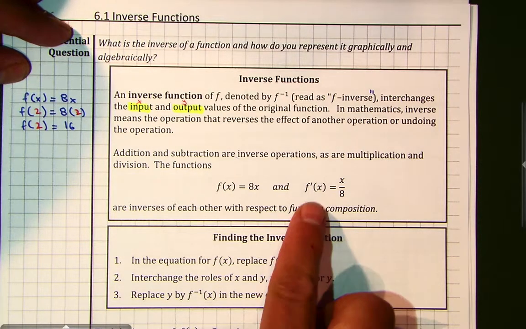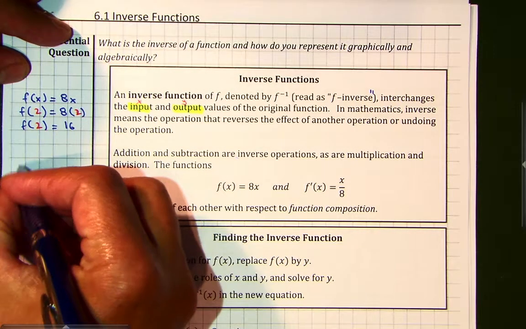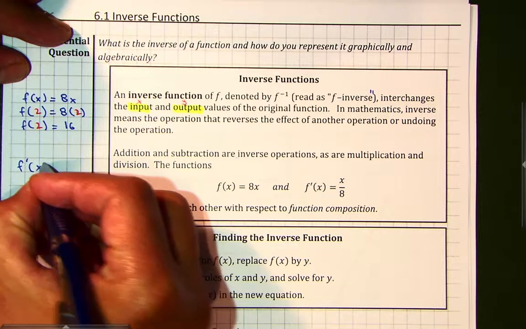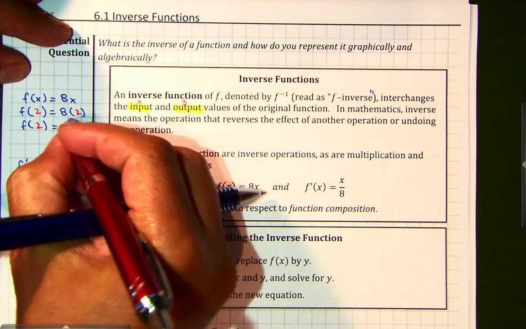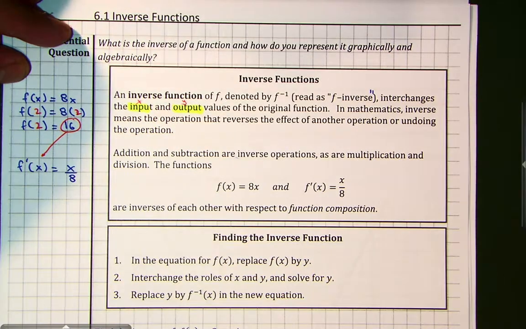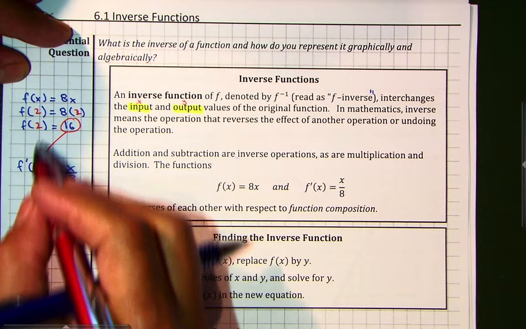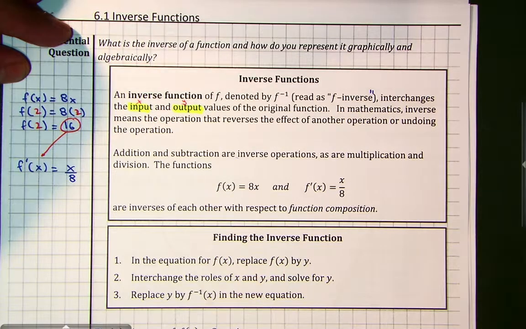So now if we take f inverse of x, which is x over 8, and we plug in the 16, it should undo each other, and we should end up with 2.